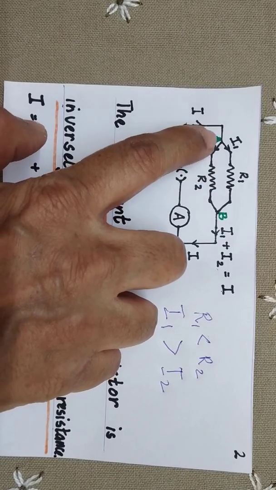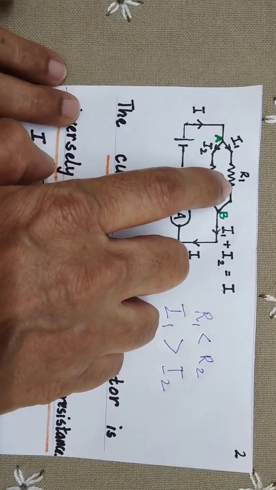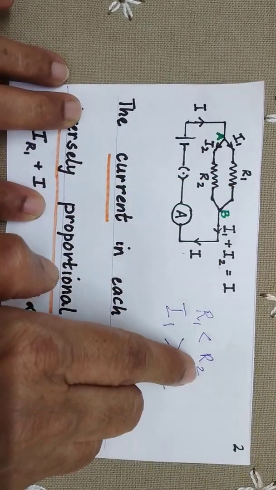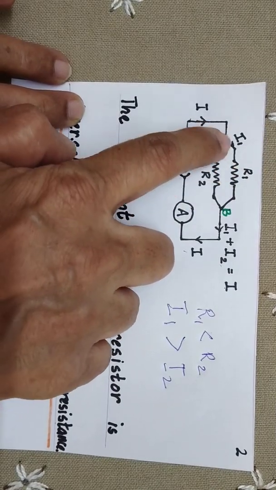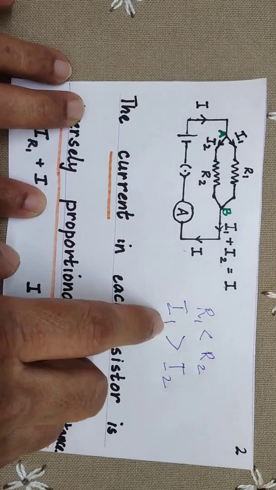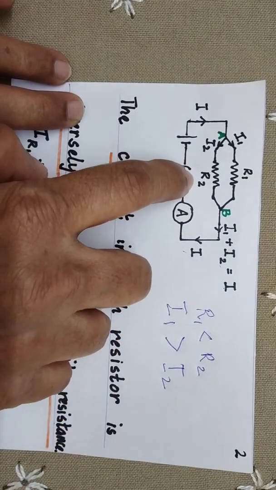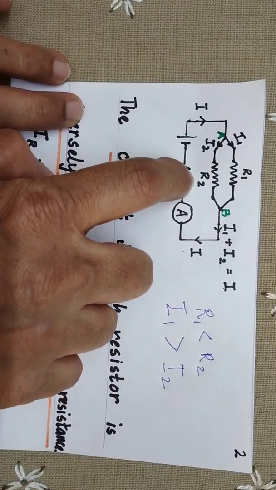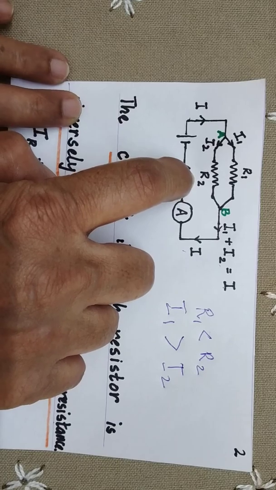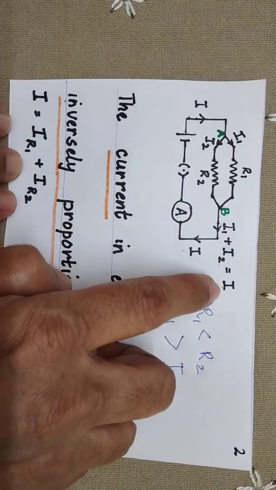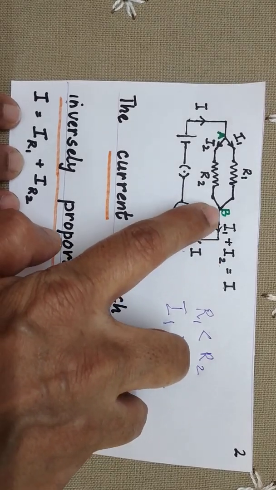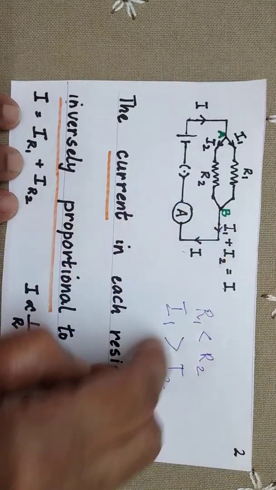Therefore, less current flows through that. If R1 is less than R2, then current flowing through R1 will be greater than current flowing through R2. Is that clear? So it is inversely proportional. And remember, it gets added up here at the point B.